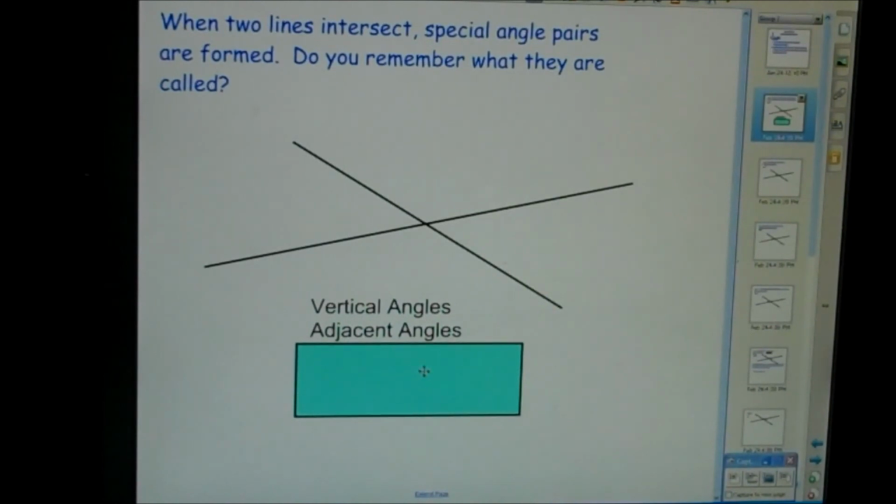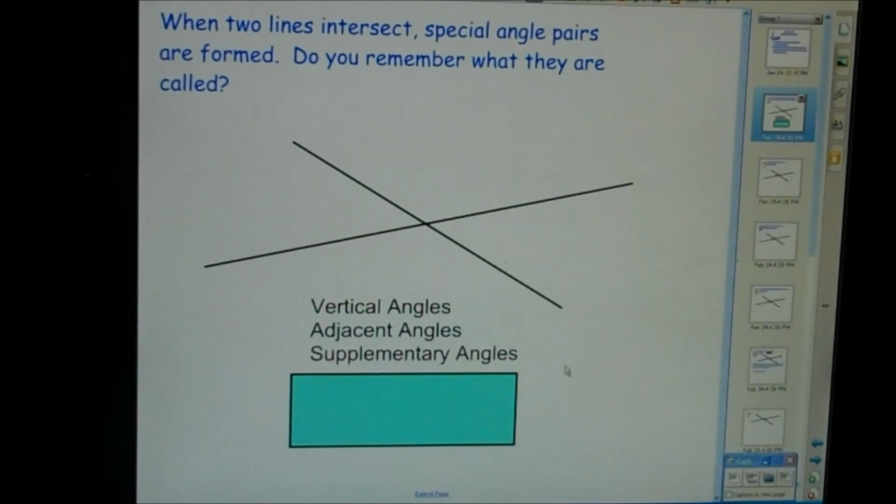I hope you remembered adjacent angles. Adjacent angles are neighboring angles. Those are angles that you are next door to. So you are adjacent to your neighbor's house when you're in your house. And the last one, supplementary angles. And supplementary angles have a special property that they add up to. So here we go.